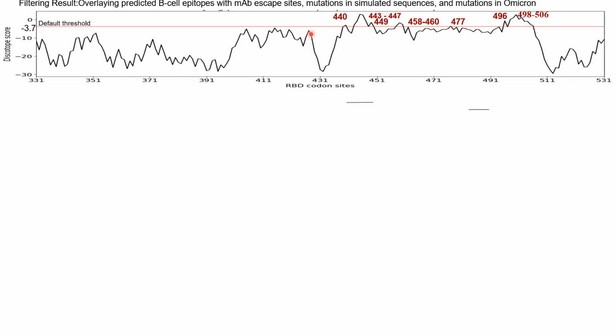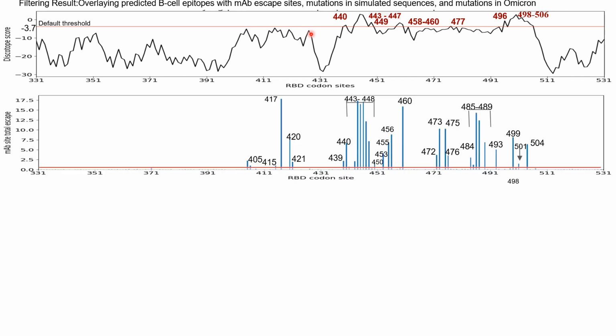The second set of filters is from the result of Greaney et al., where they identified immune escape sites via deep mutational scanning across four different classes of antibodies. The x-axis represents the RBD codon sites and the y-axis represents the monoclonal total escape for that site. Here we can see sites like 417, 443 to 448, and 460 identified as having high immune escape potential.